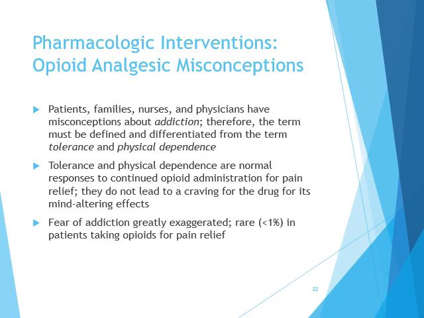They do not lead to a craving for the drug for its mind-altering effects. That's addiction. And sometimes the fear of addiction is greatly exaggerated when actually it's rare. In fact, less than 1% of people get addicted. So they shouldn't fear that, but sometimes they do.